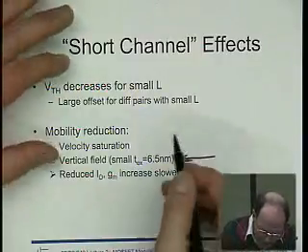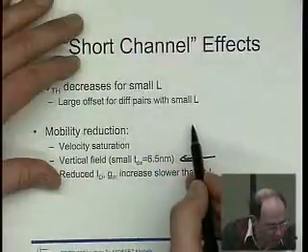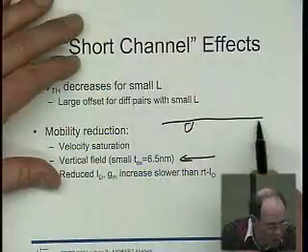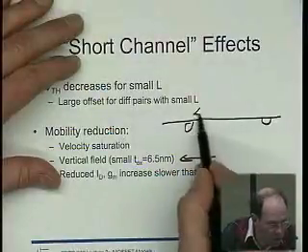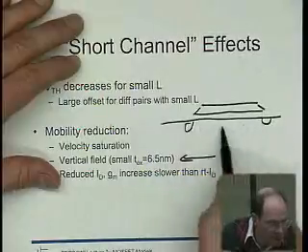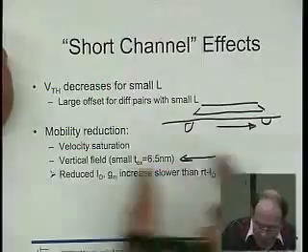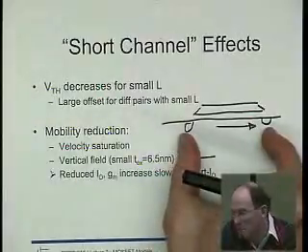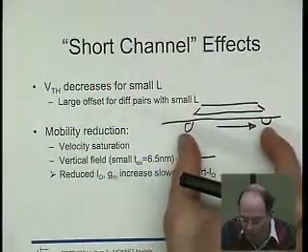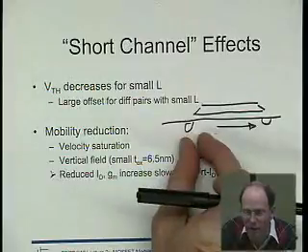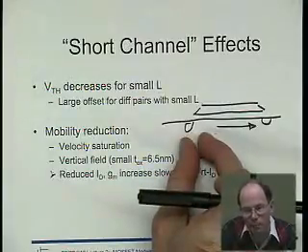And then there is this velocity saturation. That's probably the most widely known issue here, and that's the field in the channel, a lateral field in the channel, and it's just heck if VDS is a volt or so, and you put these things closer and closer together, the field here gets bigger and bigger.